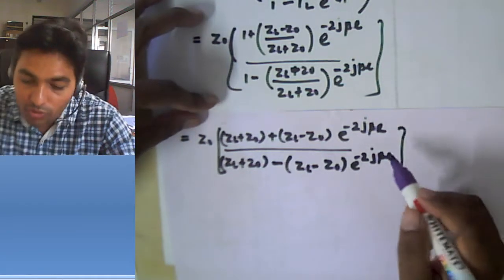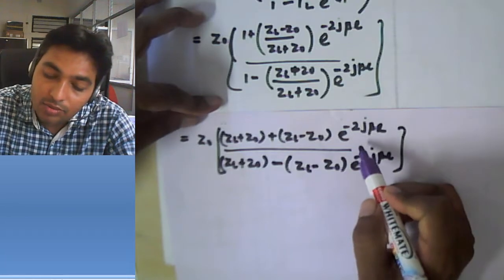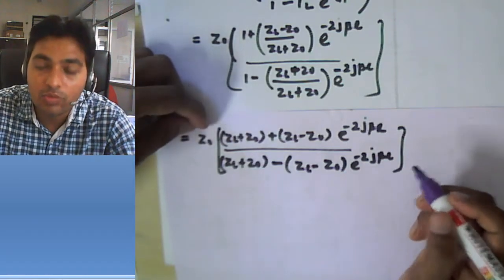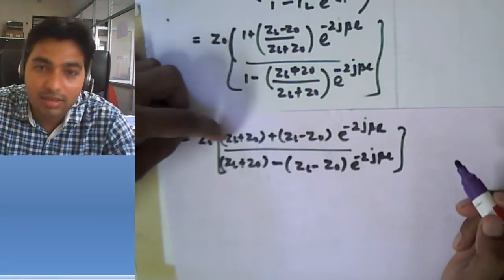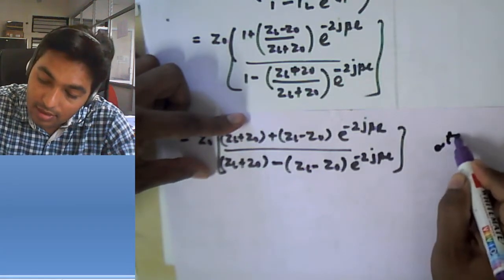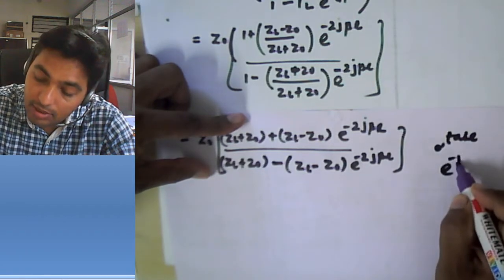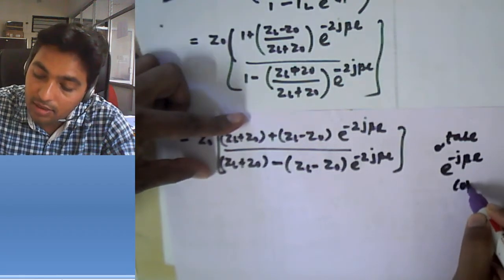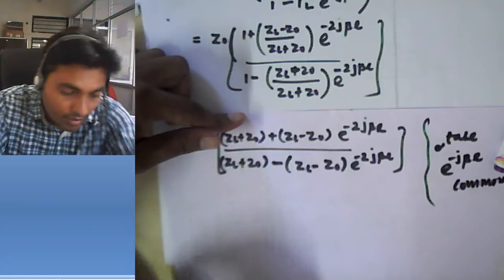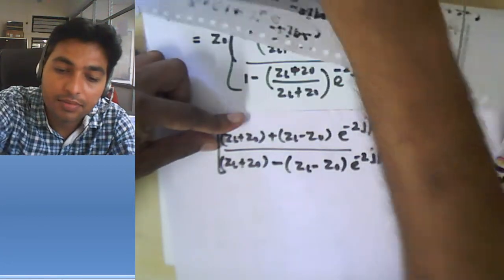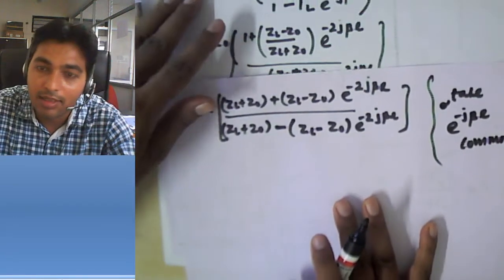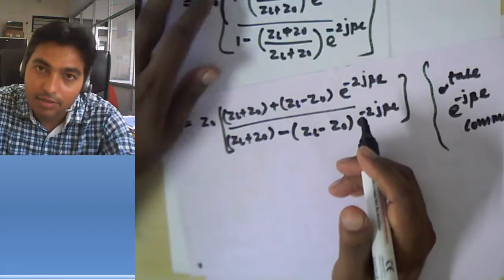Now we'll take e raised to minus j beta L common. Since there is no e raised to j beta L term in this portion, we'll first take e raised to minus j beta L common. So what will happen if you take e raised to j beta L common?